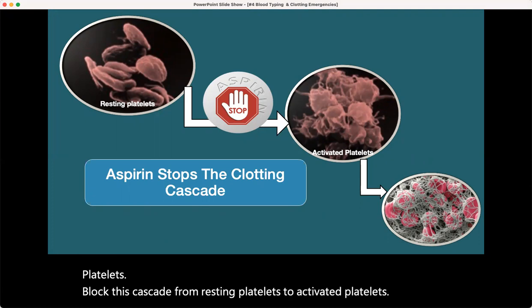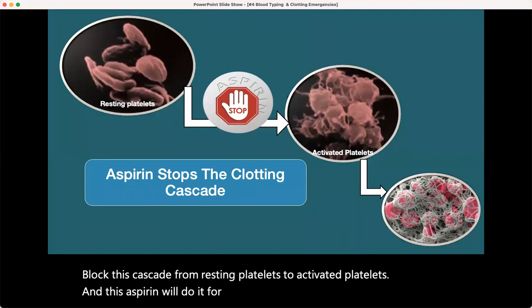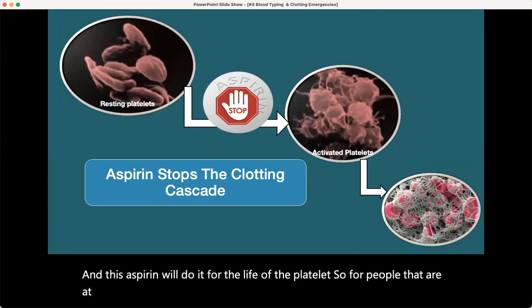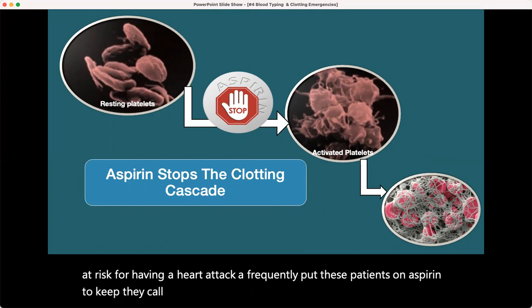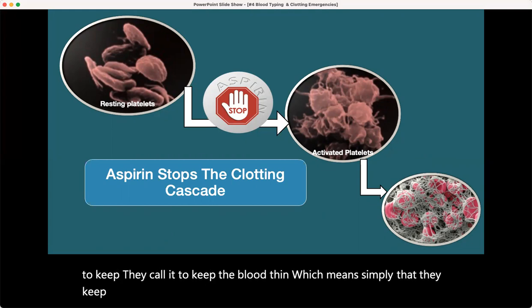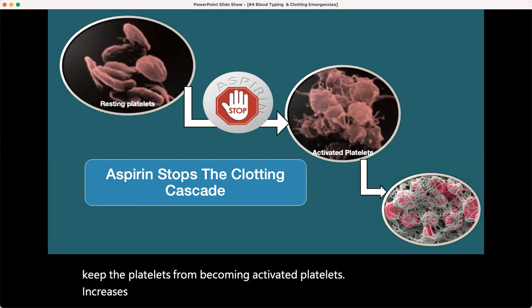And aspirin will do it for the life of the platelet. So for people that are at risk for having a heart attack, I frequently put these patients on aspirin to keep, as they call it, the blood thin, which means simply that they keep the platelets from becoming activated. It increases the risk for bleeding as well.